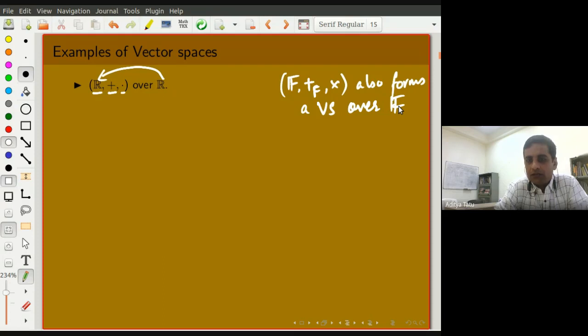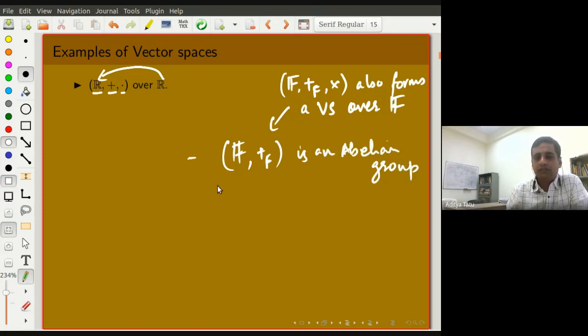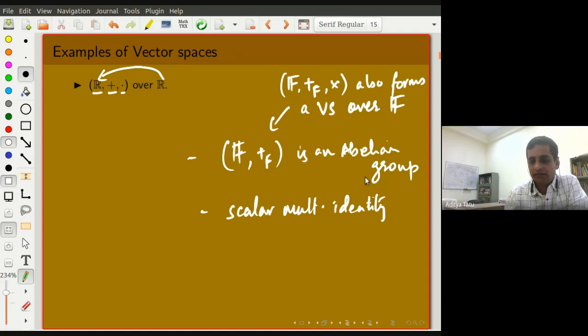Let's run through the axioms of the vector space and see if this makes sense. It's a field, so of course F with plus is an abelian group, and that's a requirement for F to be a field. Plus there is a scalar multiplication identity, because F minus the additive identity is also an abelian group with respect to multiplication.